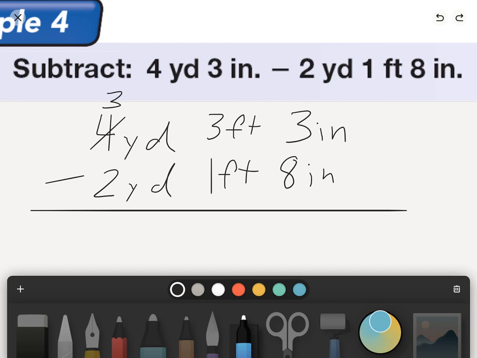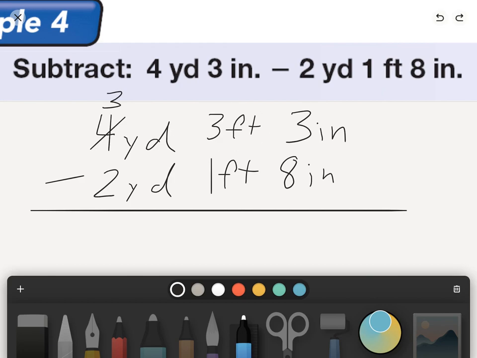You're just giving yourself some feet here just so you can do the subtraction problem, right? And that's the only reason, is that subtraction problems don't work if you're trying to subtract larger numbers from smaller numbers. Basically, I need more inches over here, because I cannot subtract 8 inches from 3 inches. And I also had the problem of no feet.